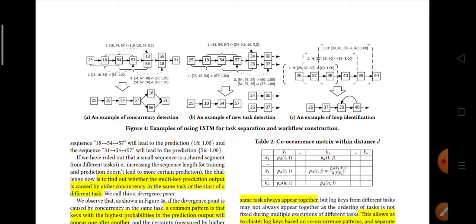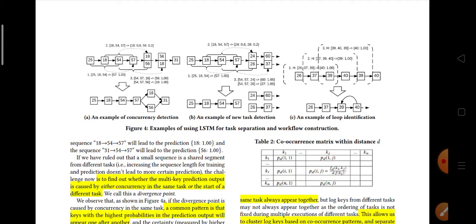Suppose you find a 24, you predict 24, and the next one, as per the logic they're telling, should be 26. They should come one after the other, but it's not 26, it's 60. Like that in 26 also, after 26 it is 37. So that's how we can find out a new task has started in that sequence.